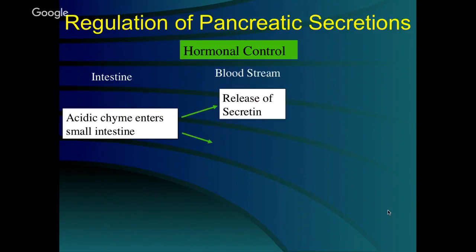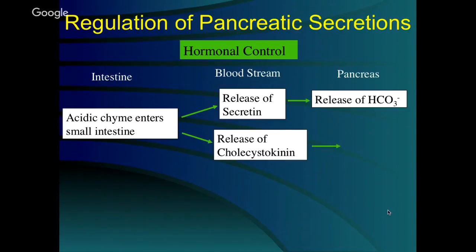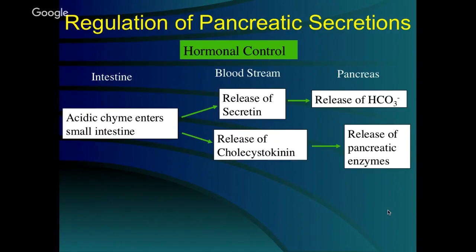So that acidic chyme is going to cause the release of two hormones, secretin and cholecystokinin, which you're welcome to abbreviate CCK. Secretin is going to tell the pancreas to release bicarbonate. Cholecystokinin is going to tell it to release all those pancreatic enzymes. Okay, so that starts to be released when the acidic chyme comes into the small intestine.